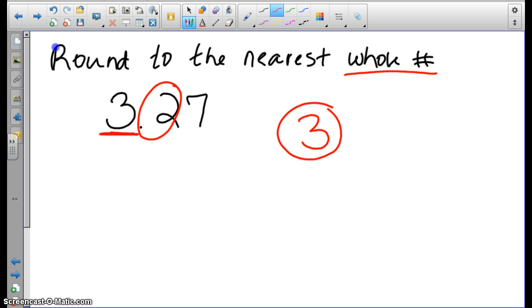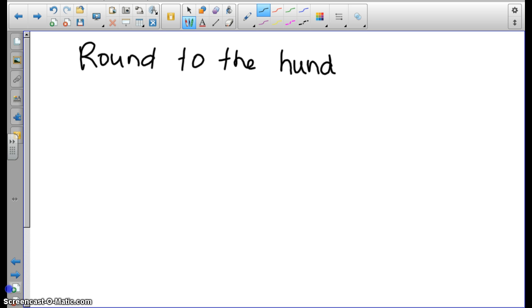Okay, let's look at one more example of that. Say our directions are to round to the hundredths place. We haven't seen an example like this yet, but it's going to be done just the same. Round to the hundredths place.